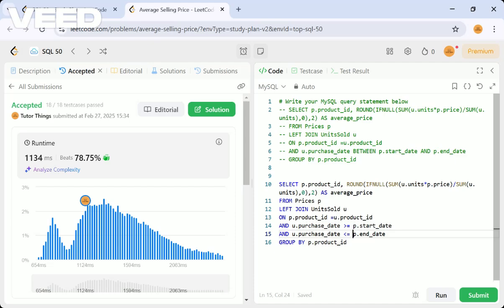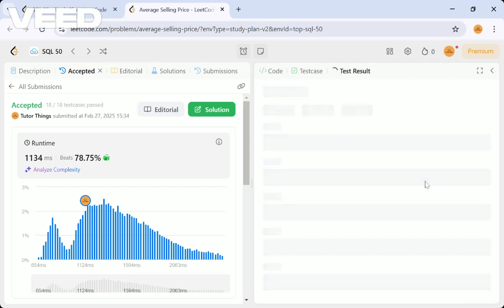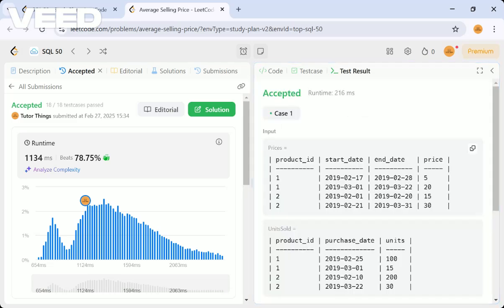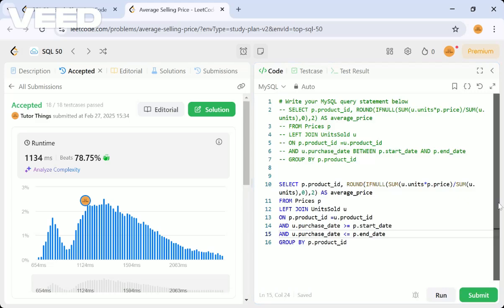This means nothing but between, right? So this will also work. I have commented this part and am running this to show you. So this is also fine, right? This also works. This is how we can do it.